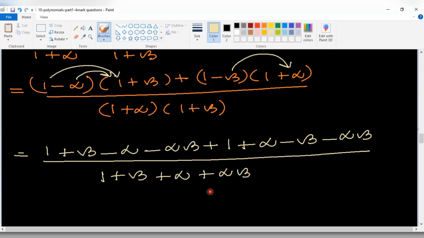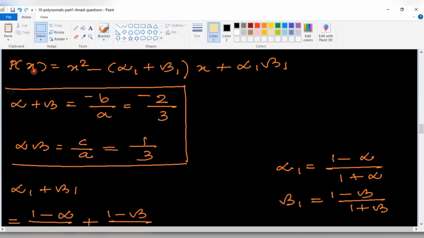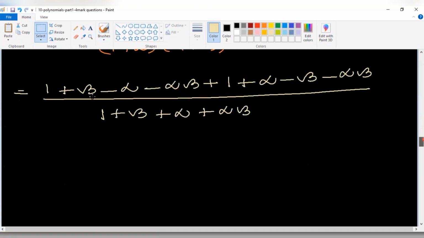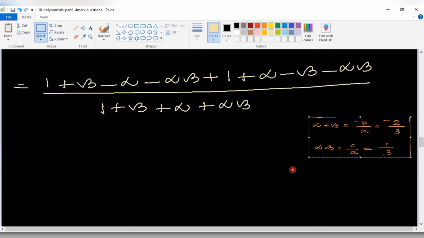See, we have the value of alpha plus beta and alpha beta here, right? Let us take it. This is the value of alpha plus beta and alpha beta. Let us substitute these values here. Plus beta is here and minus beta is here, we can cancel; minus alpha, plus alpha, we can cancel.